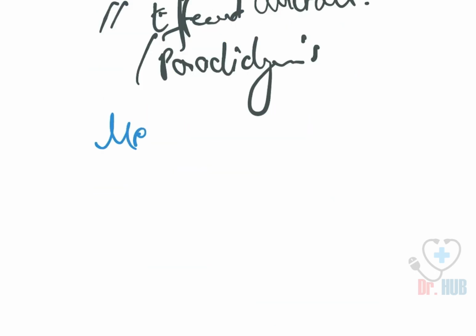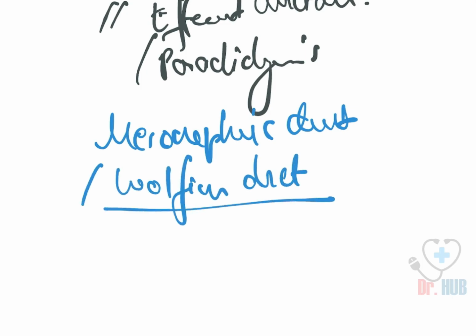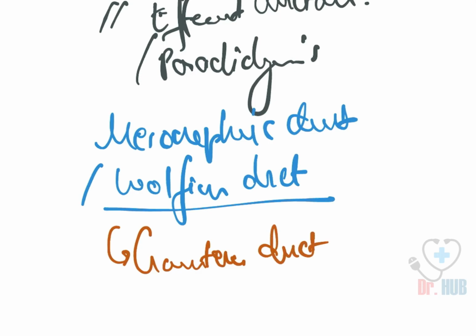Next, in case of the mesonephric duct, the Wolffian duct. Here, in case of females, there is the Gartner's duct. Gartner duct, that is the remnant structure.